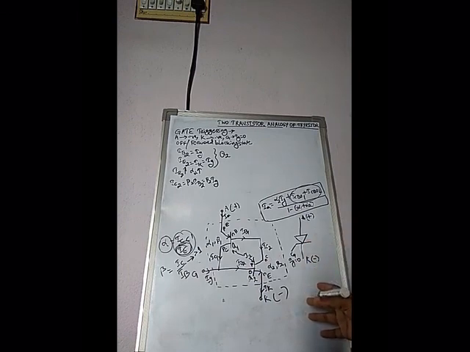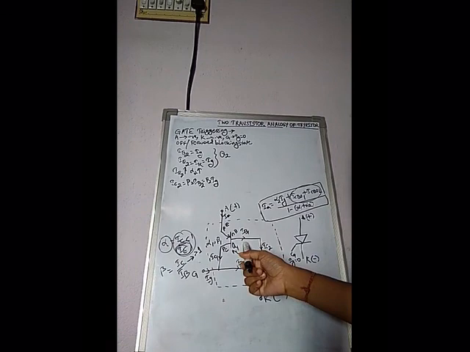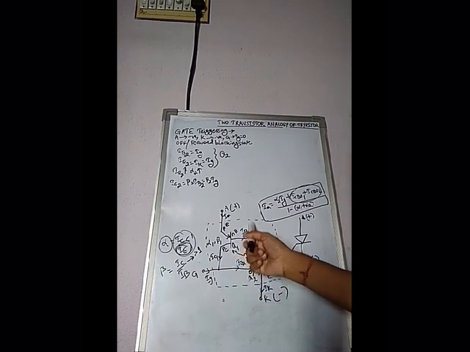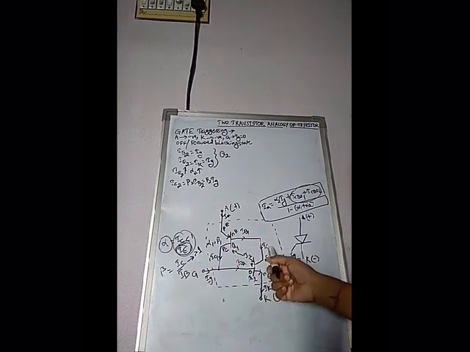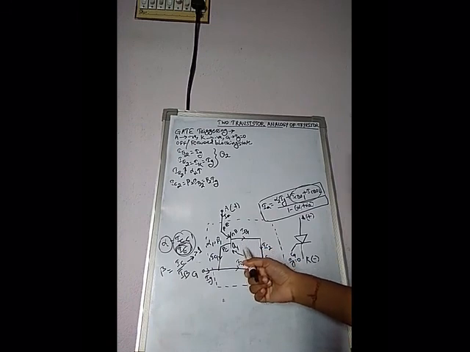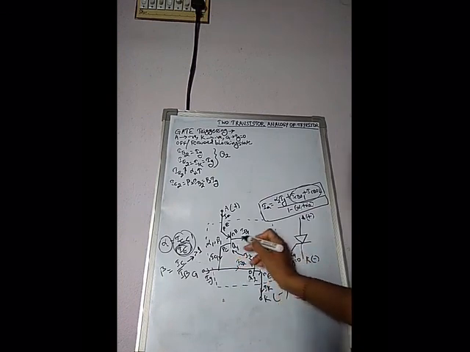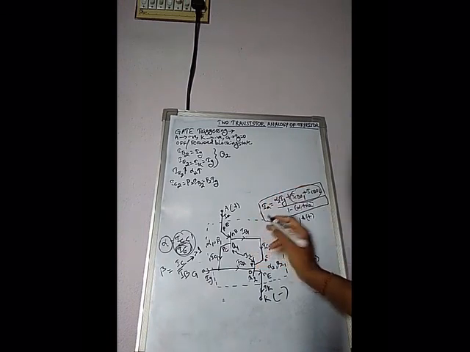This amplified current IC2, the collector current, serves as the base current for transistor Q1, that is IB1. See, this is connected. Whatever IC2 flows through this path is also connected through this line. That means whatever current IC2 is, the same current is IB1.